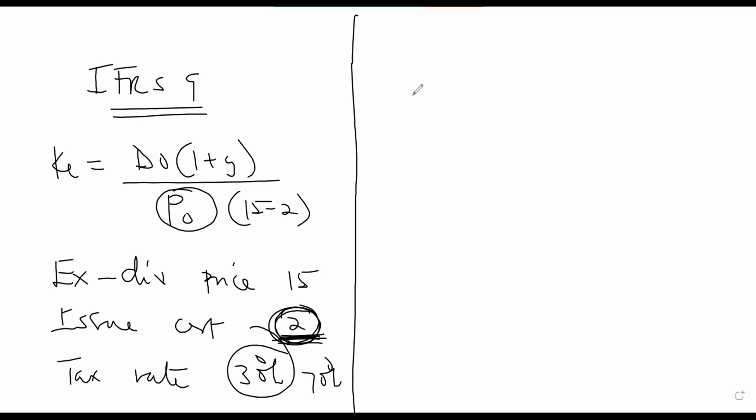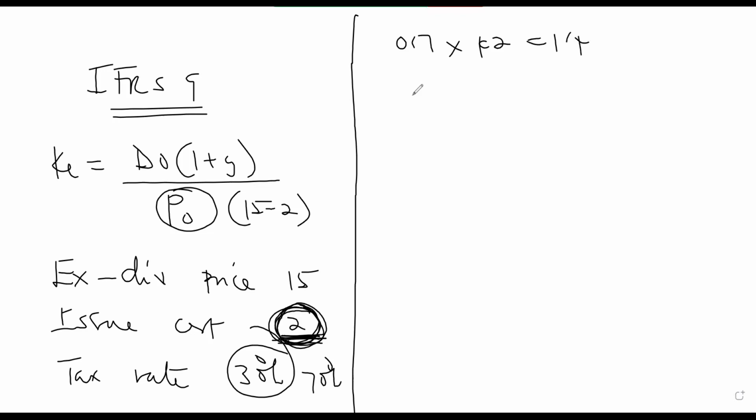So you find the after-tax issue cost, which will be 0.7 times the 2 cedis. This is the amount that you'll be subtracting from your 15 cedis, 0.7 times 2. That will give you 1.4.